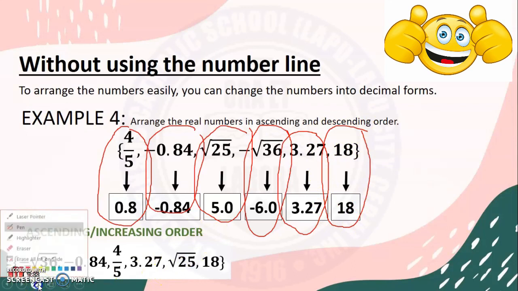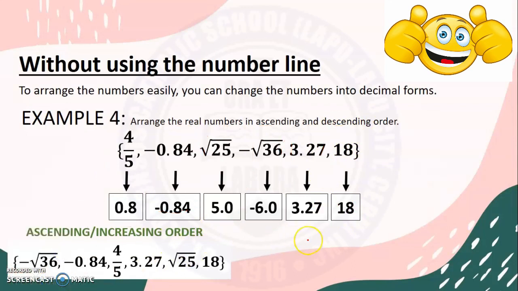Now, for descending order or decreasing order, that means from biggest to smallest or from highest to lowest.